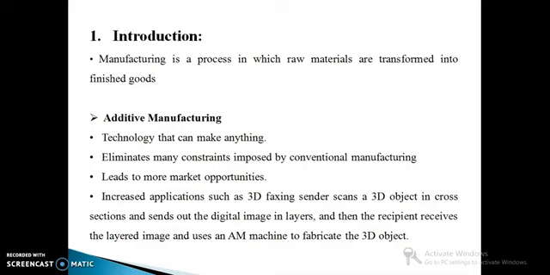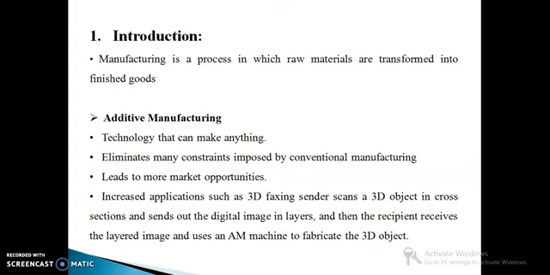Now, what is manufacturing process? All of you know about the manufacturing process. Manufacturing process is the process which transforms the raw material into finished goods. There are a variety of manufacturing processes available, mainly classified into conventional and non-conventional types.